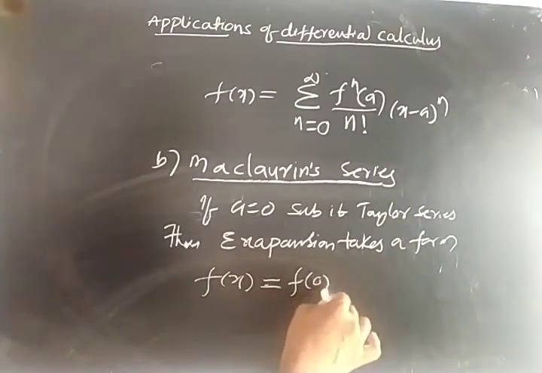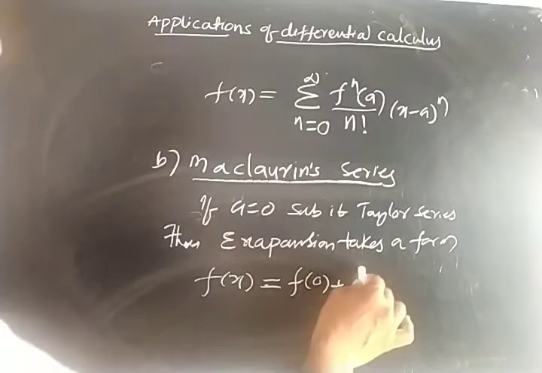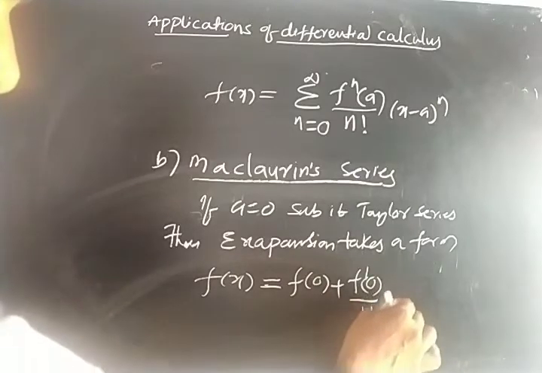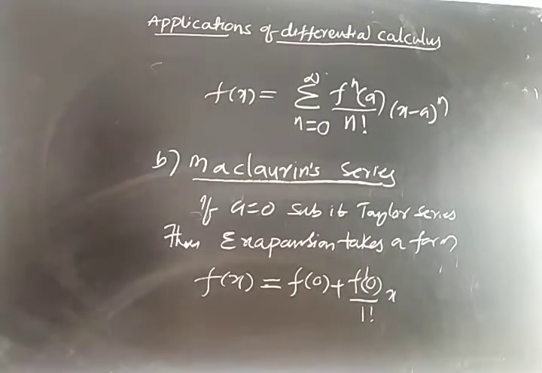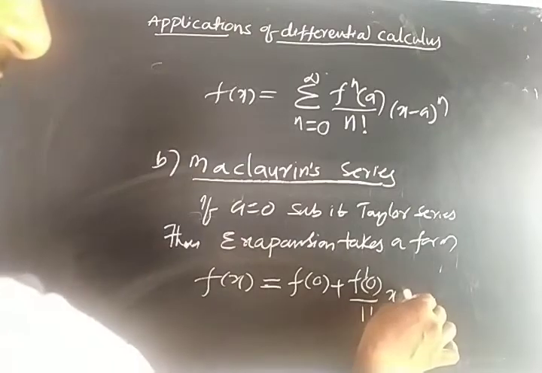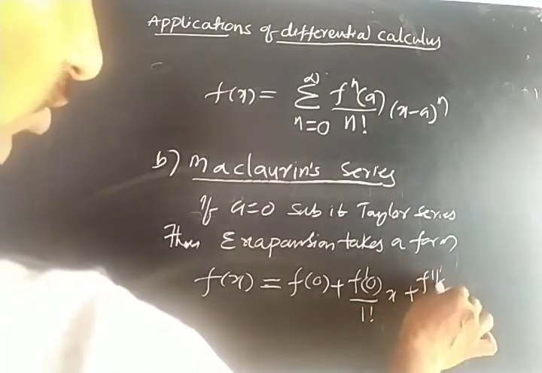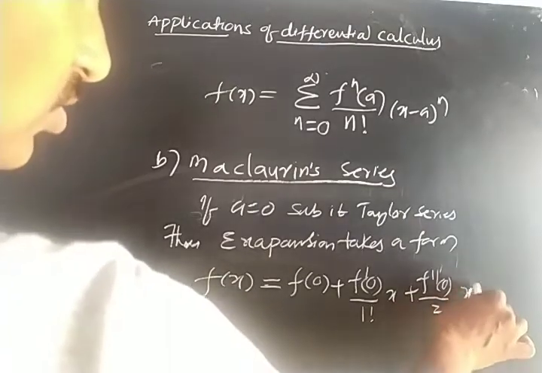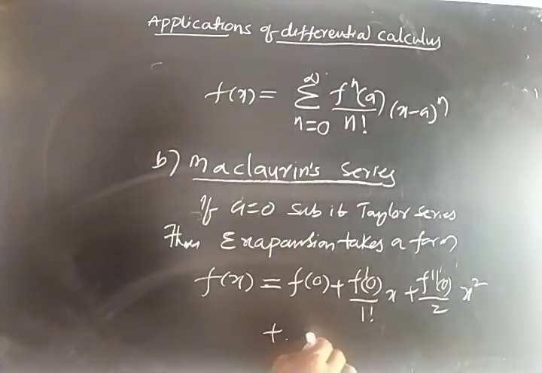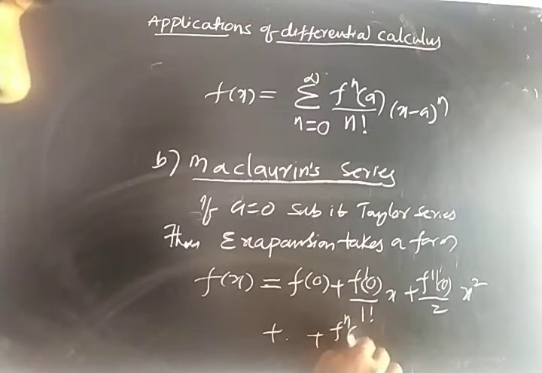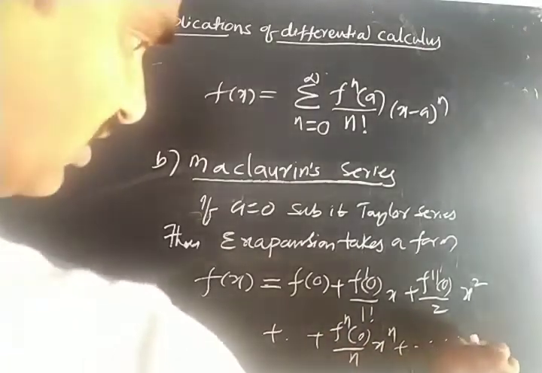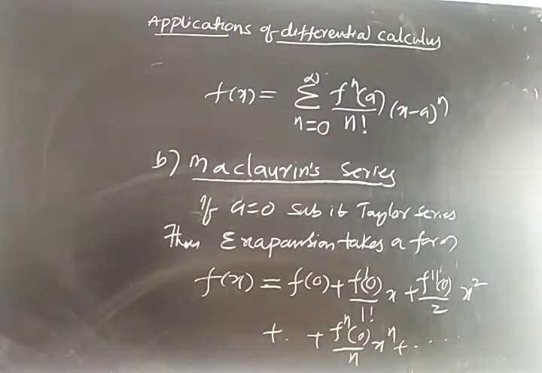So f of 0 plus f dash of 0 by 1 factorial into x minus 0. x minus 0 means x, plus f double dash of 0 by 2 factorial x minus 0 whole square. So that is x square, plus so on, nth term f power n of 0 by n factorial x power n, plus so on. This is Maclaurin series expansion, which is obtained from the Taylor series.